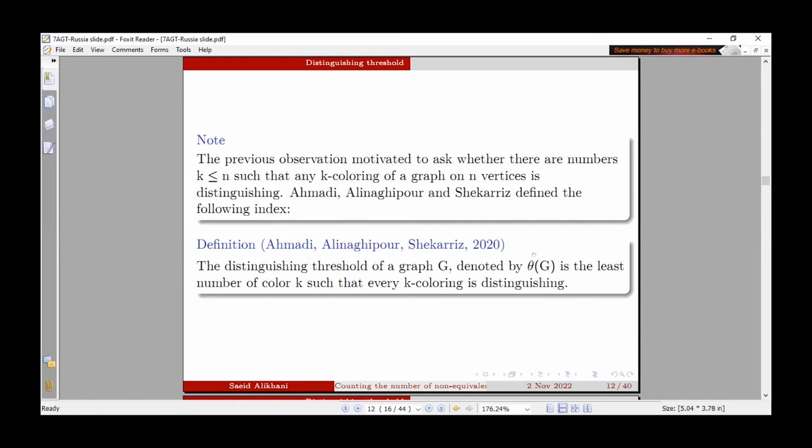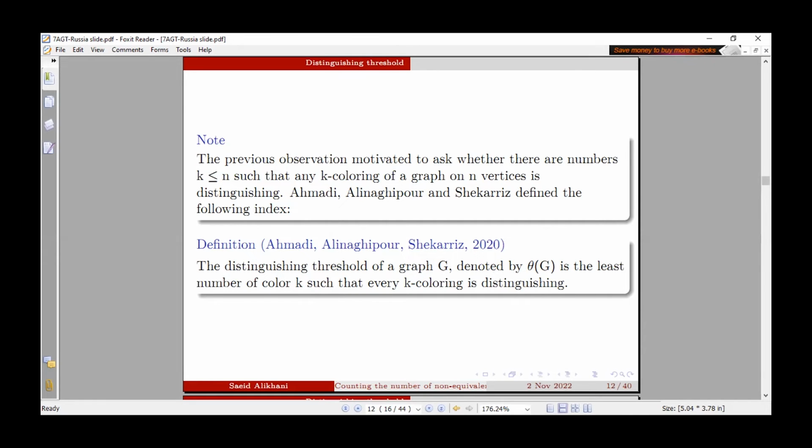The distinguishing threshold of a graph, denoted by theta of G, is the least number of colors k such that every k-coloring is distinguishing. Okay, so what is theta of G? Theta of G is the least number of colors k such that every k-coloring is distinguishing.